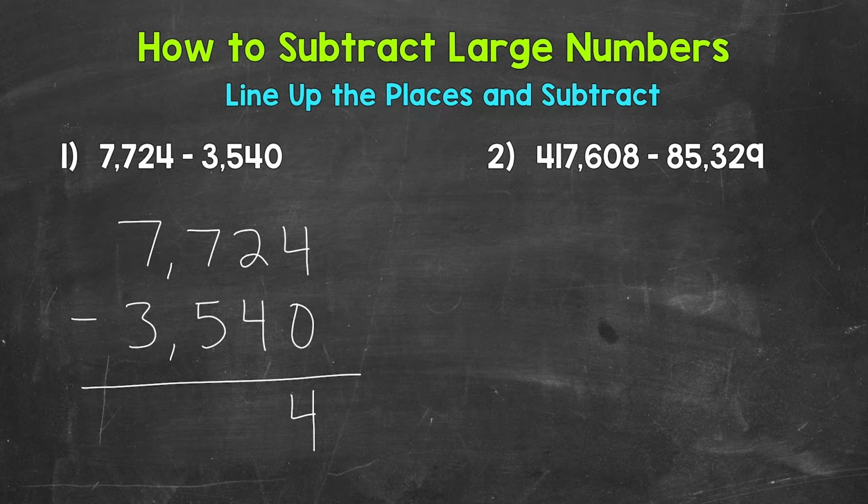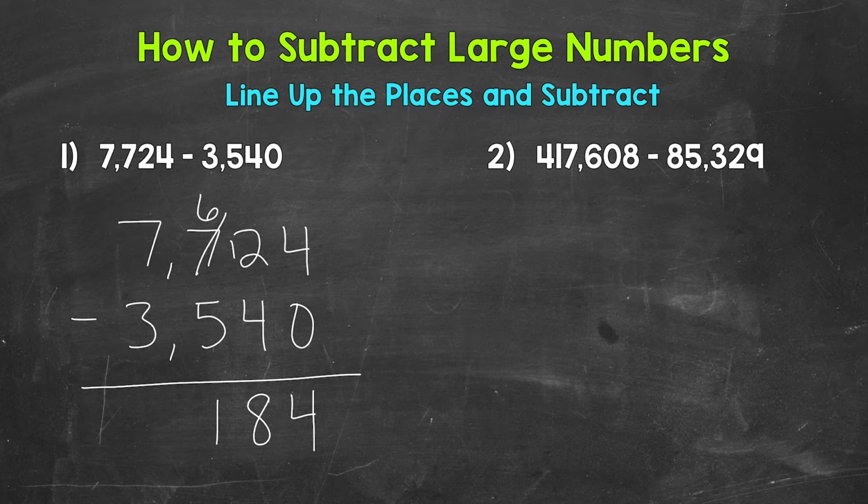We need to borrow. So we need to borrow from the place to the left, which is the hundreds place. So let's borrow from this 7, which is now a 6, and we have a 12. So 12 minus 4 gives us 8. Now we work our way left to the hundreds place, where we have 6 minus 5, which is 1.